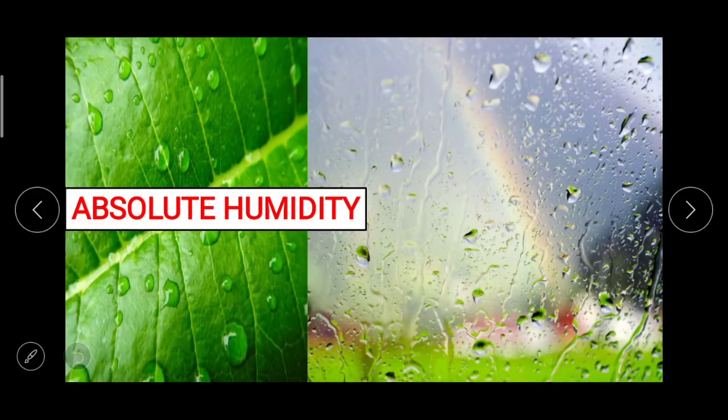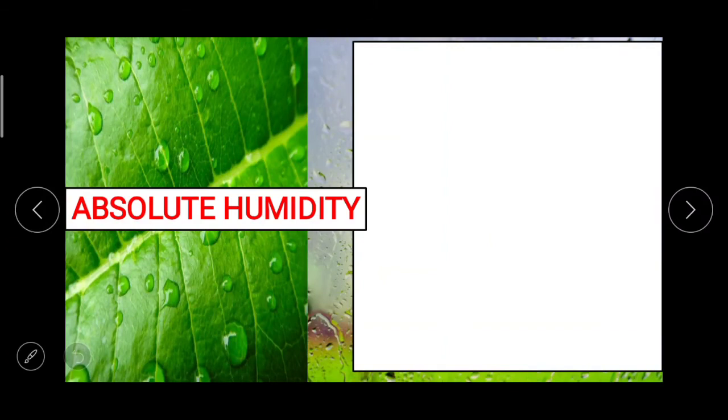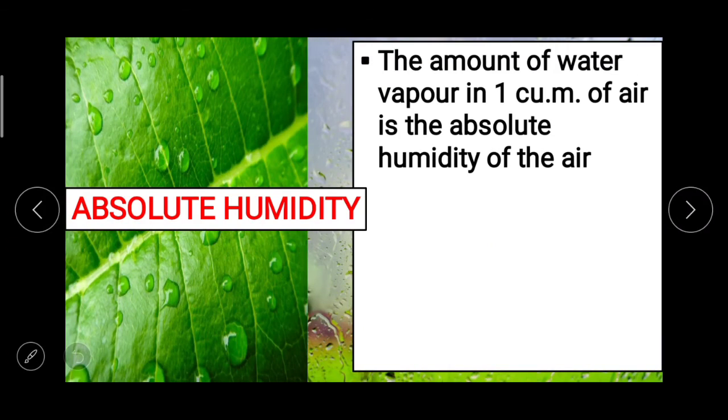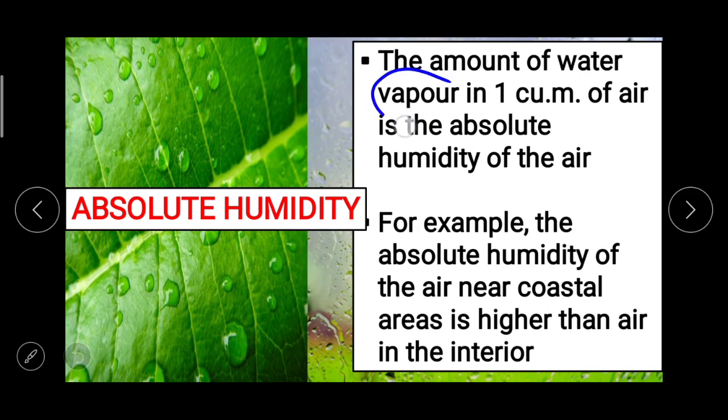Now the next thing, that is absolute humidity. The amount of water vapor in 1 cubic meter of air is the absolute humidity of the air. 1 cubic meter of air में जितनी amount of water vapor होगी उसे absolute humidity of the air कहा जाता है.